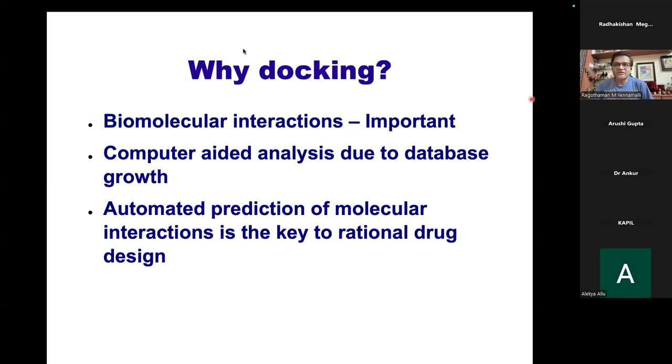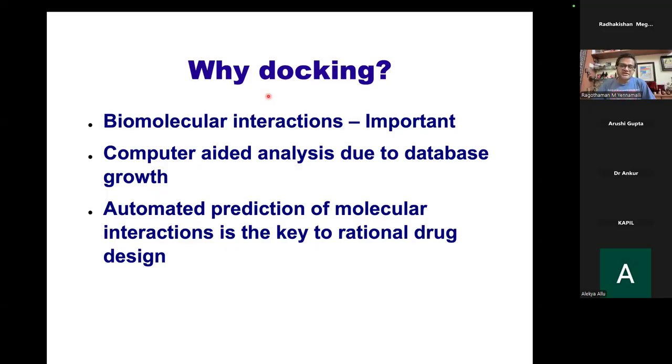Or how can we predict certain interactions happening between them? So, in the case of molecular docking, you are using a computational method to identify how two molecules are interacting with each other. Okay. Now, the most common application these days for molecular docking is for drug design.